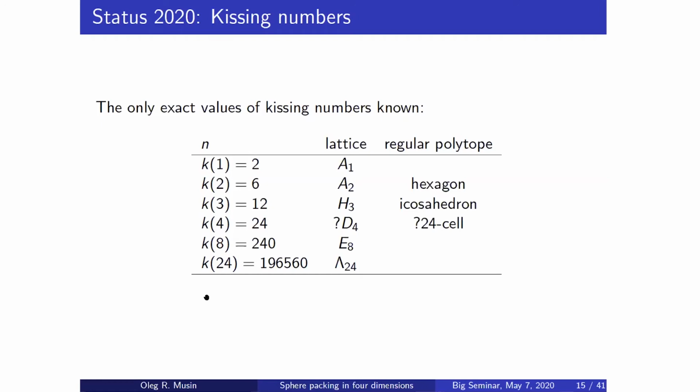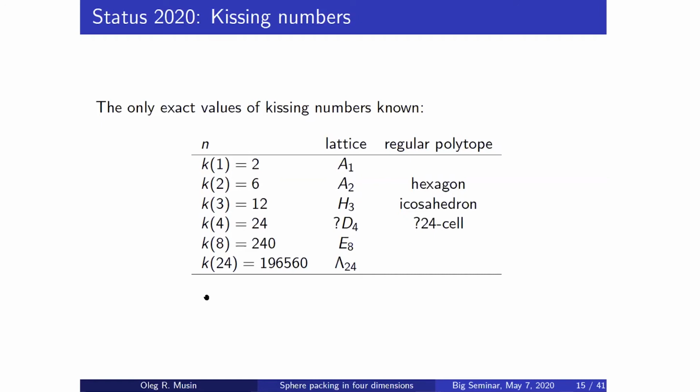In two special dimensions, 8 and 24, it was independently proved that the kissing number in dimension 8 is 240, and the kissing number in dimension 24 is 196,560.